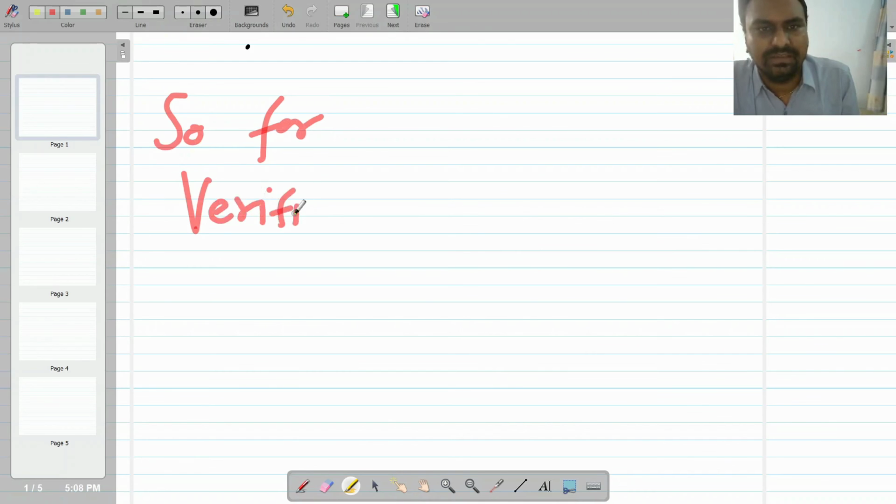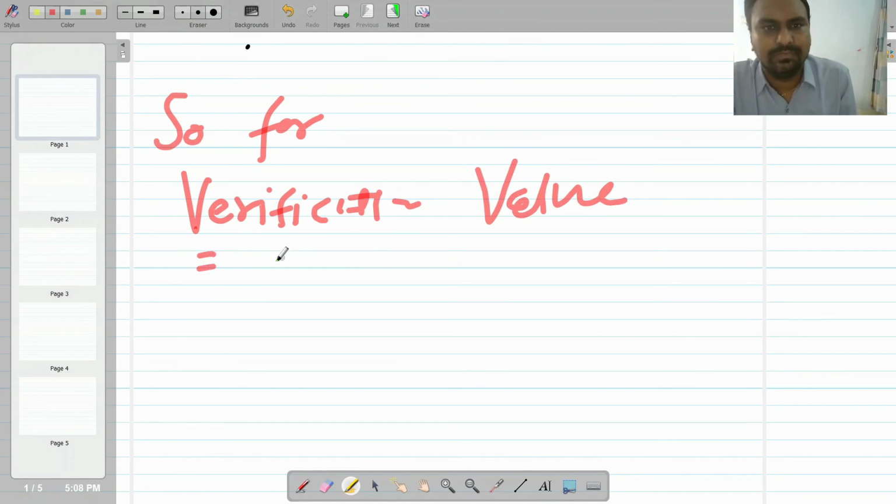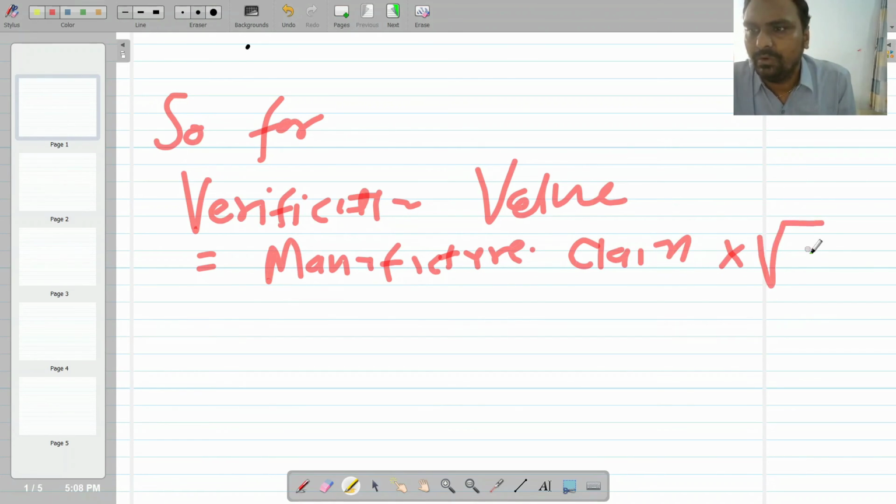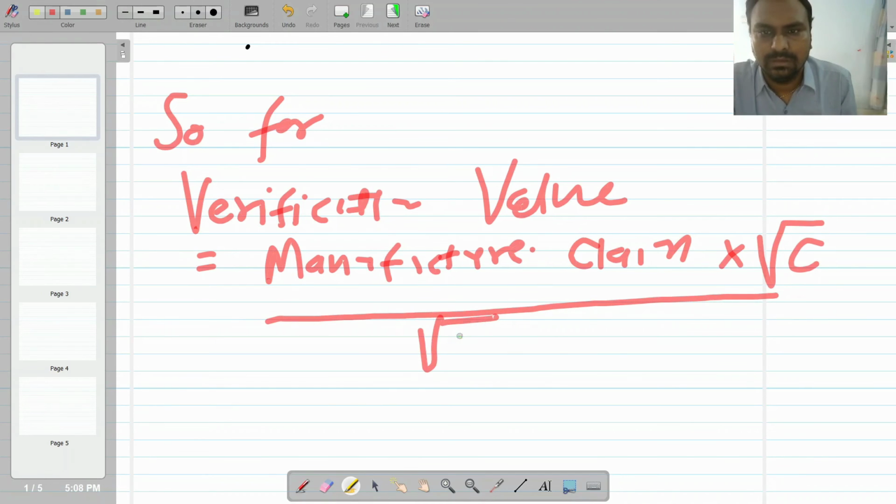Now the verification value formula is manufacturer's claim into square root of chi-square value divided by root of t. So manufacturer's claim into square root of C divided by square root of t.